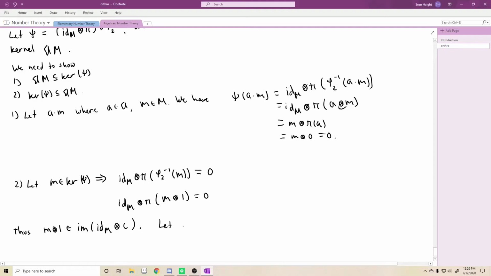So let m tensor 1 be a sum of simple tensors here.